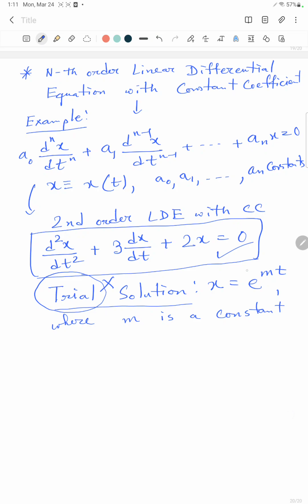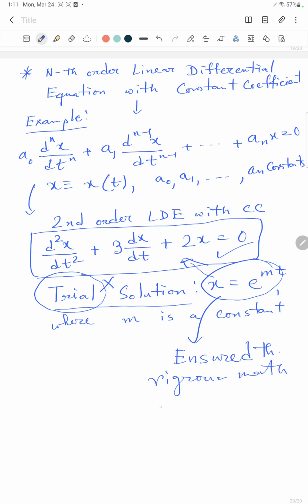This type of solution will exist for this type of differential equation, and that can be ensured through rigorous mathematics with operators. If we do some rigorous mathematics on operators, we can see that this type of solution can be ensured, and there is nothing trial about this.